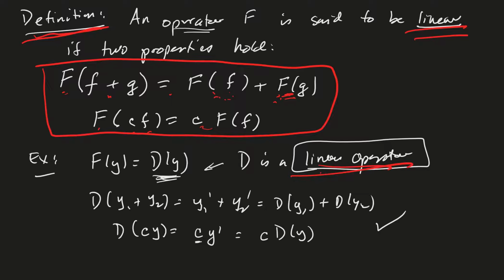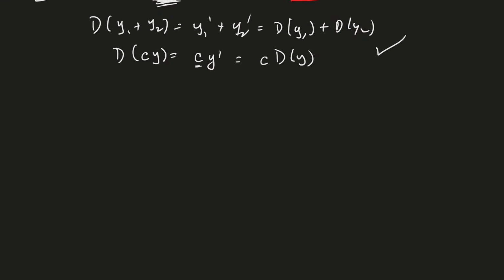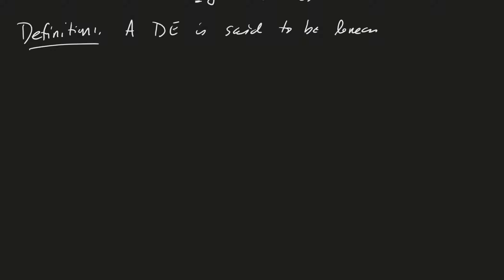Okay, so now we're at the main point of this discussion, the definition. A differential equation is said to be linear if its operator is a linear operator.